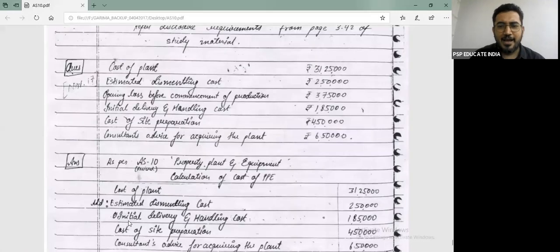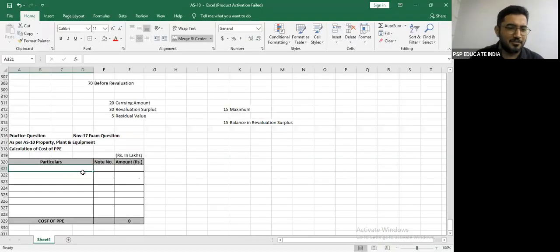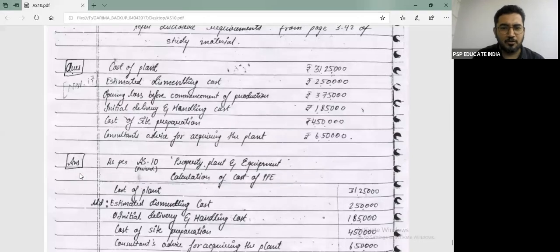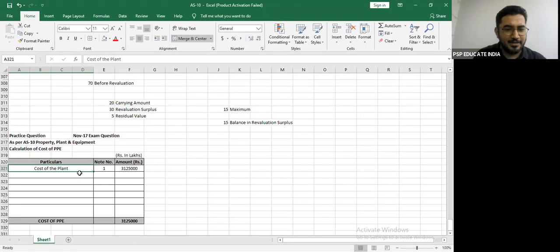First is estimate the cost of the plant is 31,25,000. So I begin with that. Cost of the plant 31,25,000. This is note 1. 31,25,000.